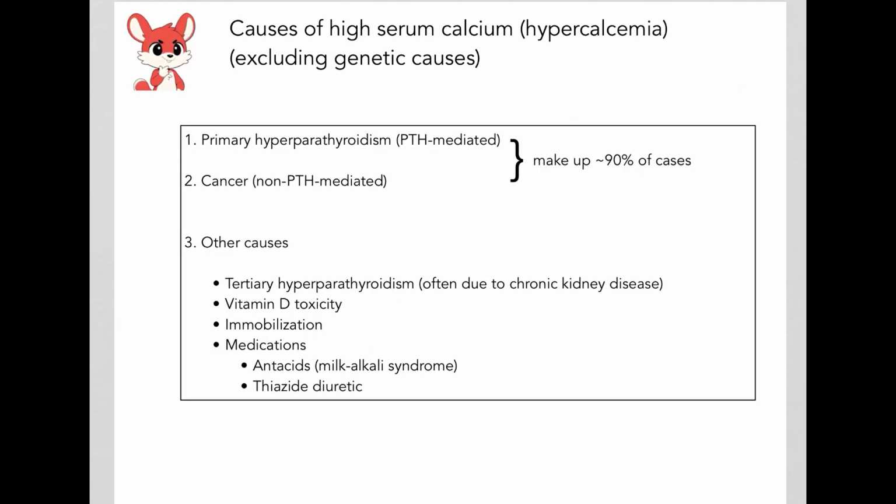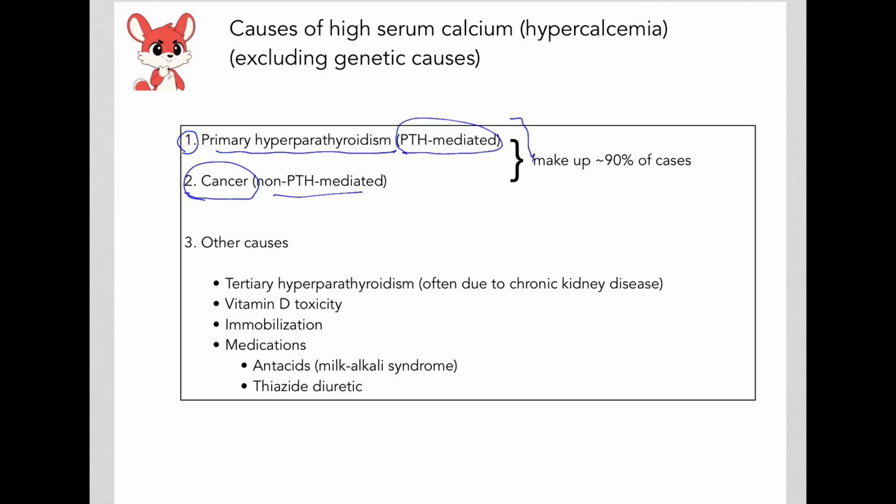Now, the two major causes of hypercalcemia include, number one, primary hyperparathyroidism, which is mediated by parathyroid hormone, and number two, cancer, which is non-PTH mediated.